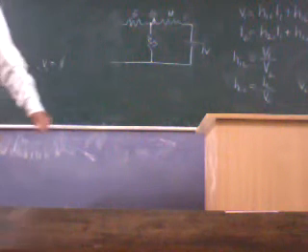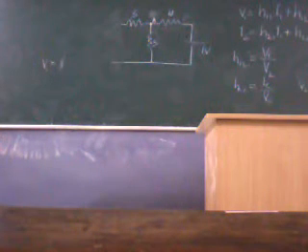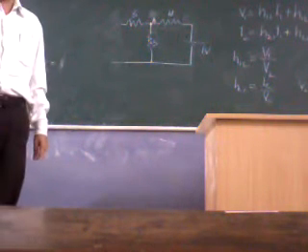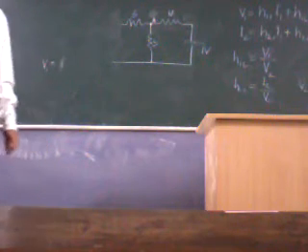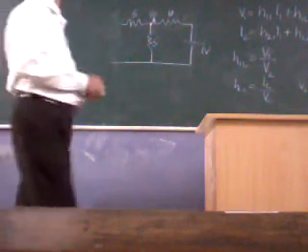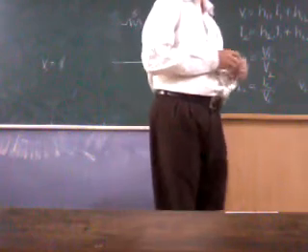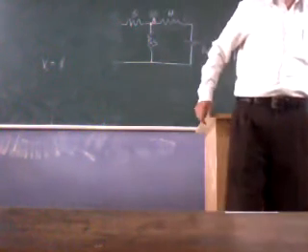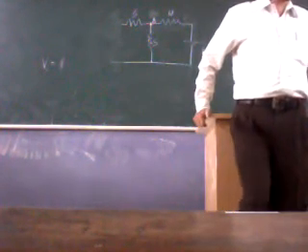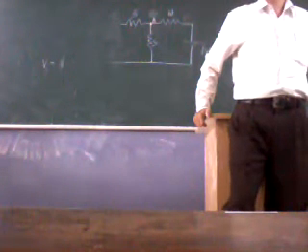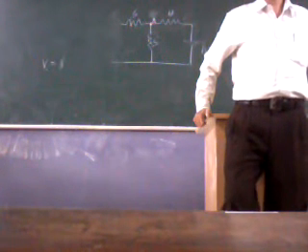Now we want to derive the conversion formula. We have to derive the conversion formula is what I say. So now take the task. Derive the conversion formula for converting Z parameters into H parameters. Converting Z parameters into H parameters means what?